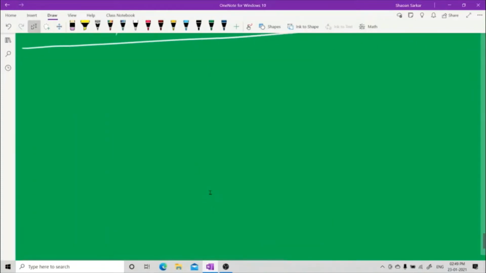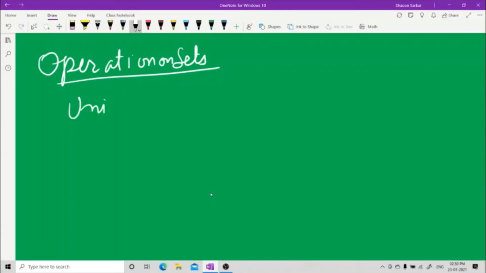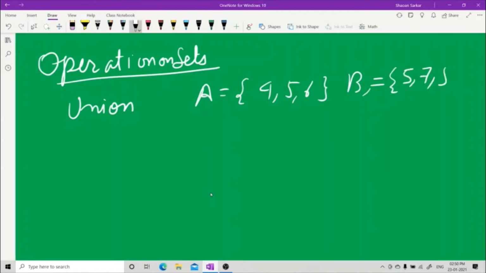Now see this. Operations on sets. The first is union. I'll explain it with examples only. Suppose A is {4, 5, 6} and B is {5, 7, 8}.